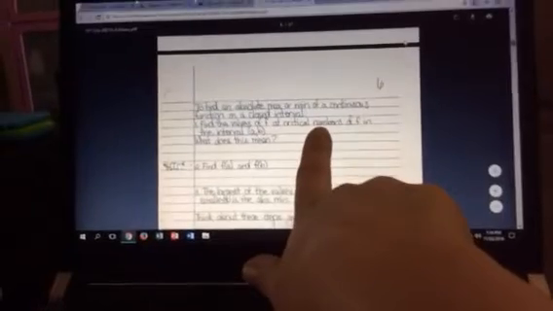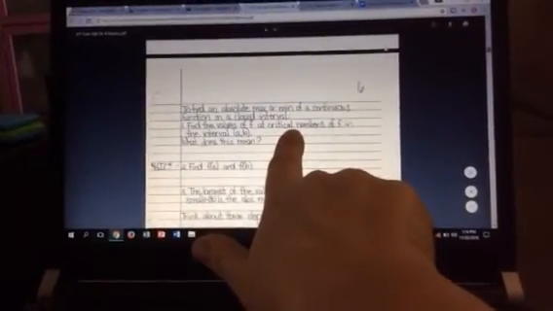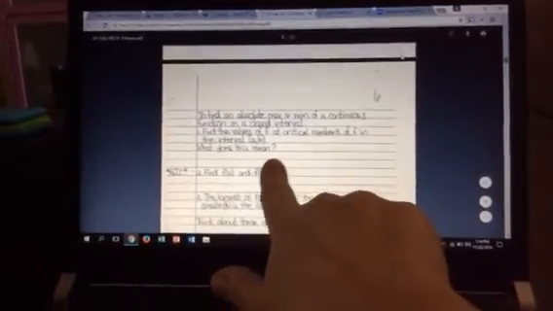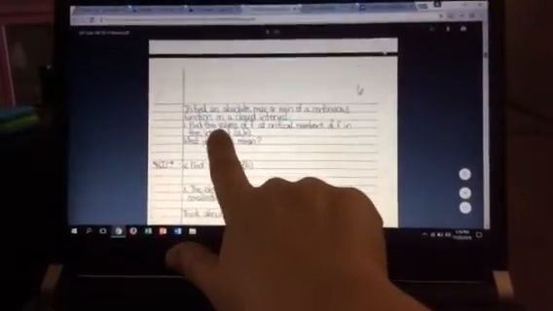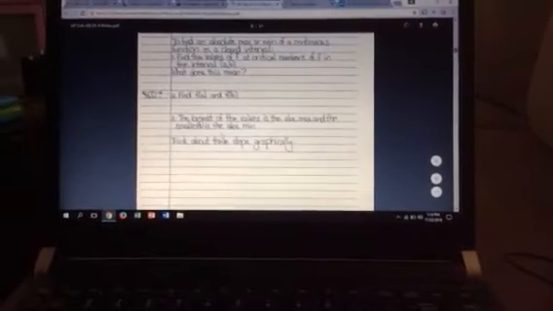Critical numbers tells me f prime is 0, right? I set f prime equal to 0, solve for x, and then take those x values and plug them into f, the function, not the derivative. I'm not going to go through these steps because I want to do them as we do an example, like always.